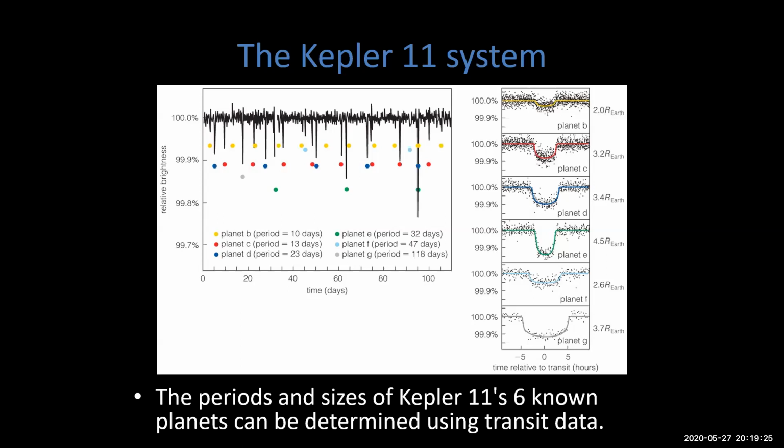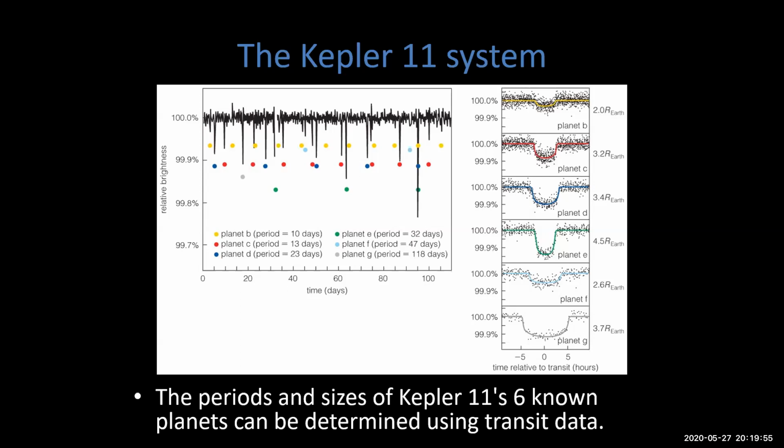And so the main idea here is to combine the Kepler data with the radial velocity data. For those planets that we can use both methods on, we can use the radial velocity to give us the mass. We can use the transit method to give us the radius, and therefore we can get the volume of the planet.